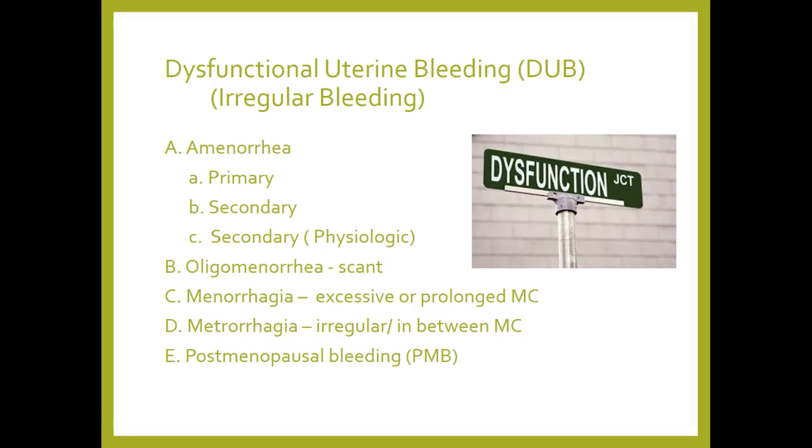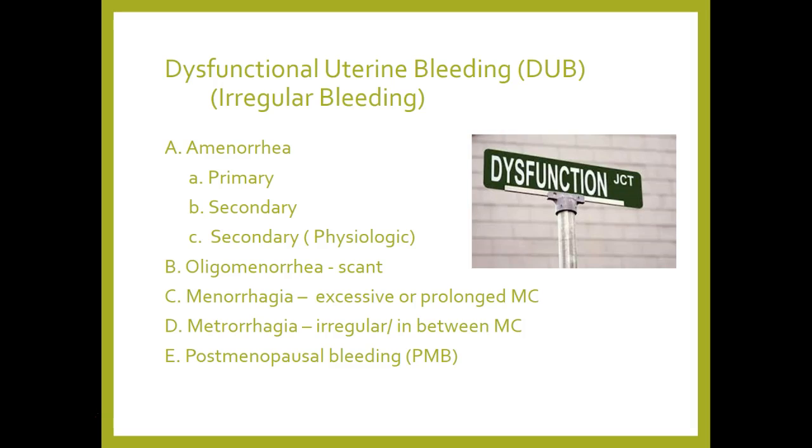It could be in relation to polycystic ovarian syndrome, hormonal imbalances, anorexia, bulimia, or excessive athletic training. All of those things can cause the hormones to be imbalanced when we're talking about anorexia, bulimia, and athletic training. And that will cause the absence of a period. So that's primary.